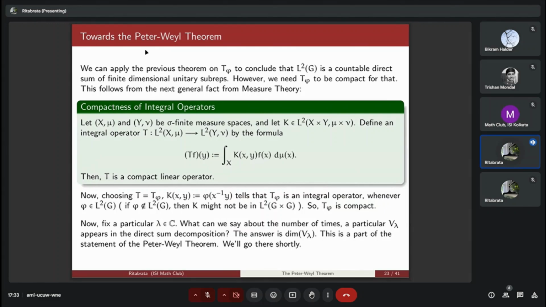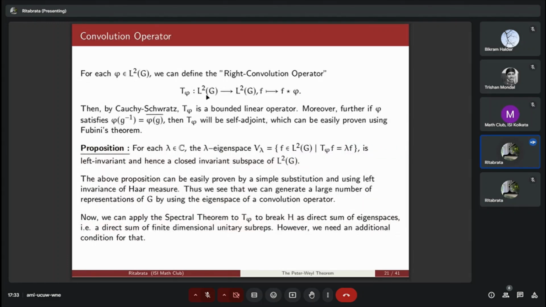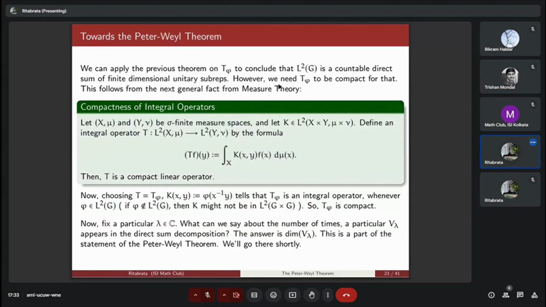So we can apply the previous theorem to T_phi to conclude that L2(G) is a countable direct sum of finite dimensional unitary subrepresentations. However, in the previous theorem, we need T to be a compact self-adjoint operator. T_phi was self-adjoint, it was easy to see, but the fact that T_phi is compact is not that obvious. So we will justify it by a general fact from measure theory.